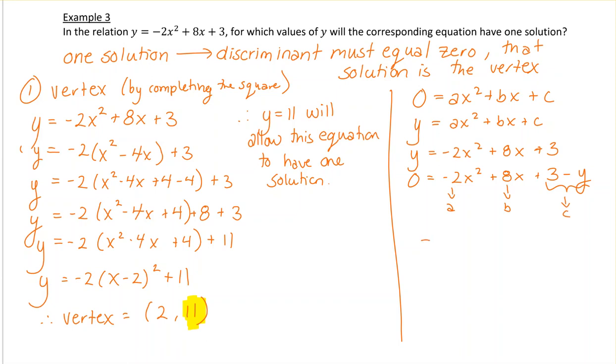I'm going to use the discriminant, and I want to know what it is going to equal in order to have one solution. Well, I have 8 squared, and then I have minus 4 times negative 2 times 3 minus y. Let's simplify some things. That becomes 4 times negative 2, which is negative 8.